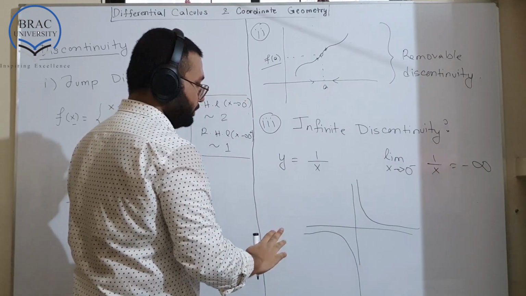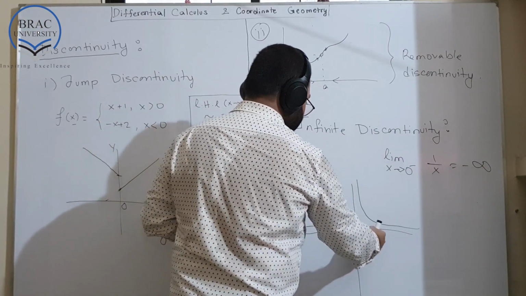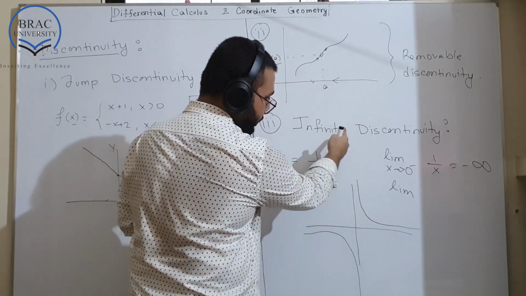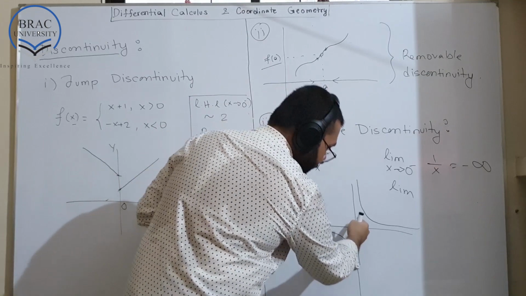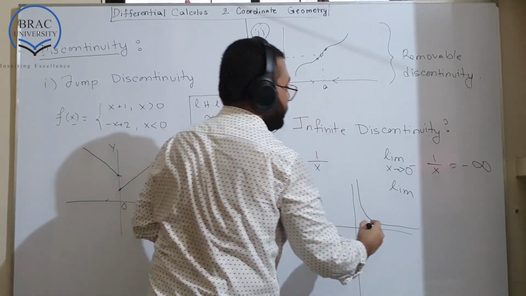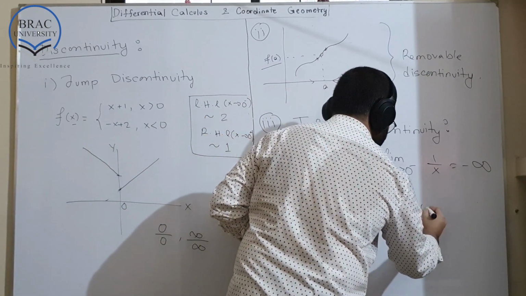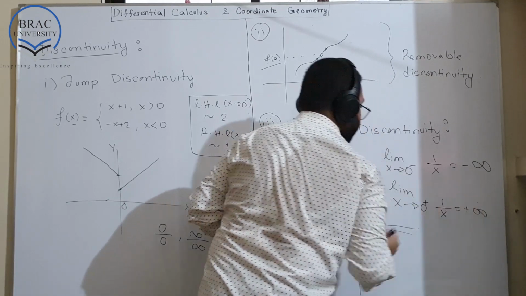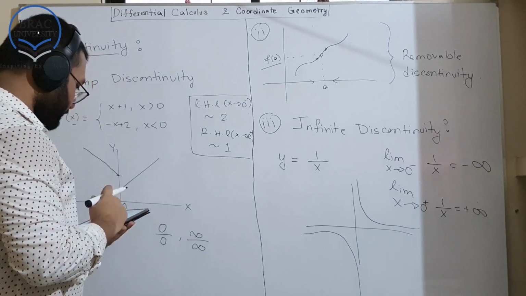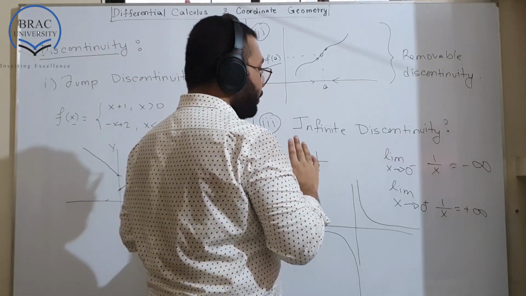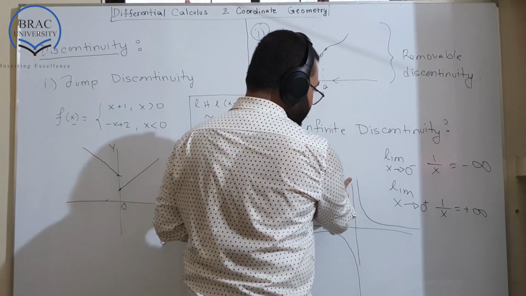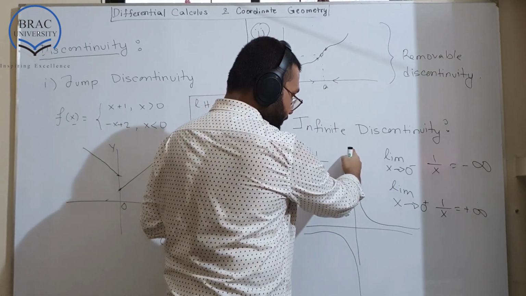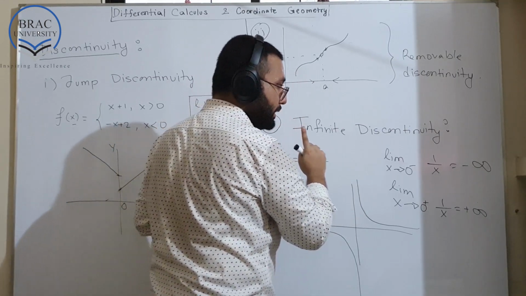When we approach 0 from the right side, we go towards positive infinity. This side will give you positive infinity. This will give you negative infinity. The important thing to notice is from the right side, we go towards positive infinity, and from the left side, we go towards negative infinity.